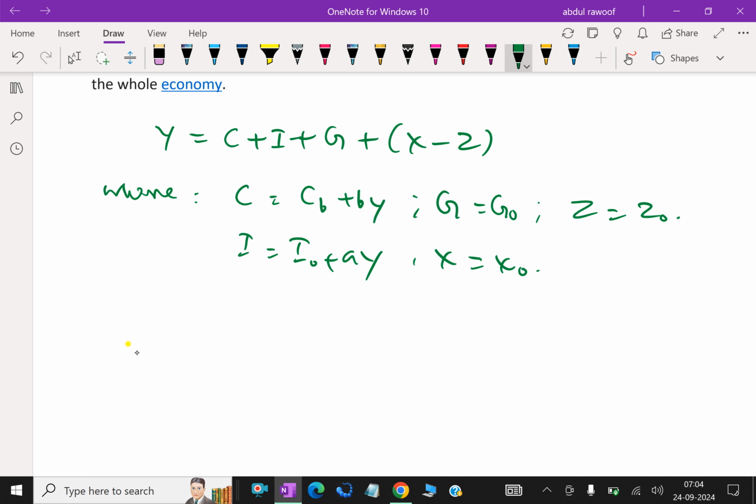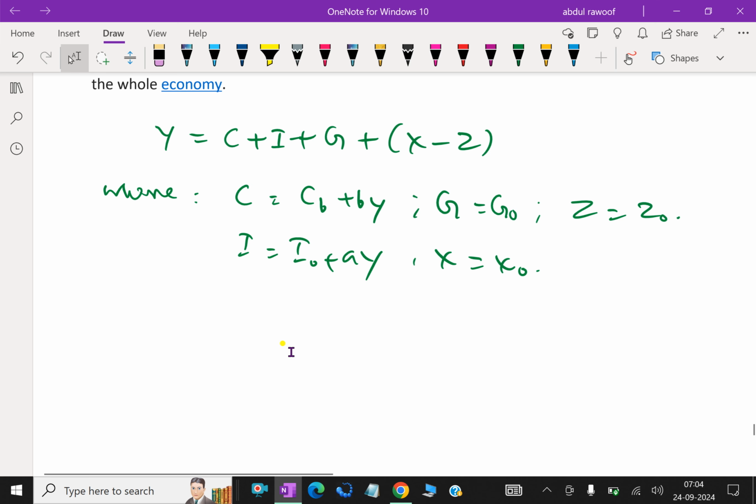Here, these are some relations. We'll discuss this later in future videos in problem solving. Now, finally, we can get the partial derivative that gives the input multipliers.